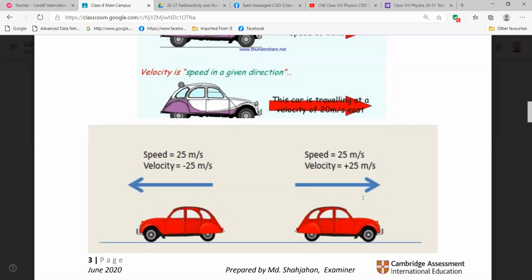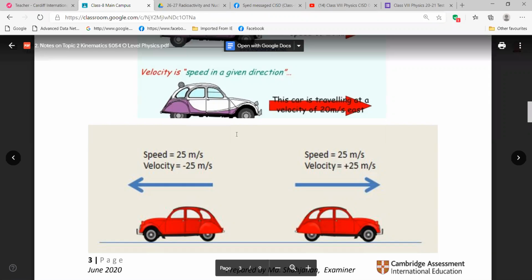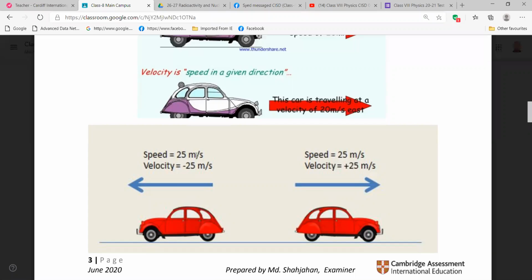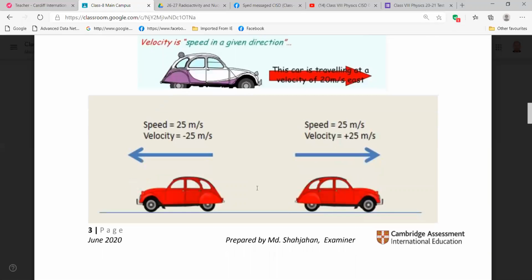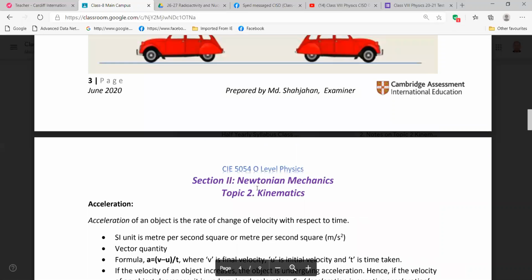As it is going right side, we are saying it positive, plus 25 meter per second velocity. And the one on the left, speed is the same, 25 meter per second, but the velocity is minus 25 meter per second. So it's clear, right, everyone? Yes, sir. You are clear about speed and velocity.